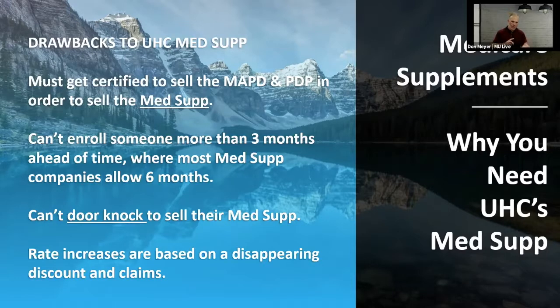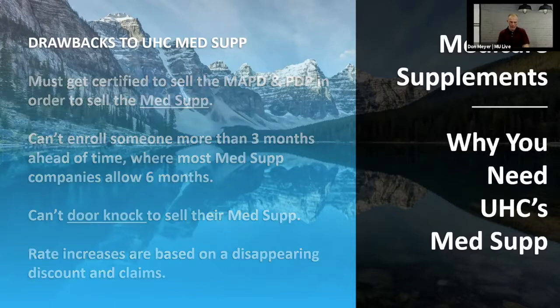Now, what they don't tell you is that they also do rate increases based on claims. Their national average rate increase, which they promote in their flyers, is 2.6%. So what you have to do is add that 2.6% on top of that 3%. Now that's the national average for United Healthcare. That does not correlate to every plan in every state.